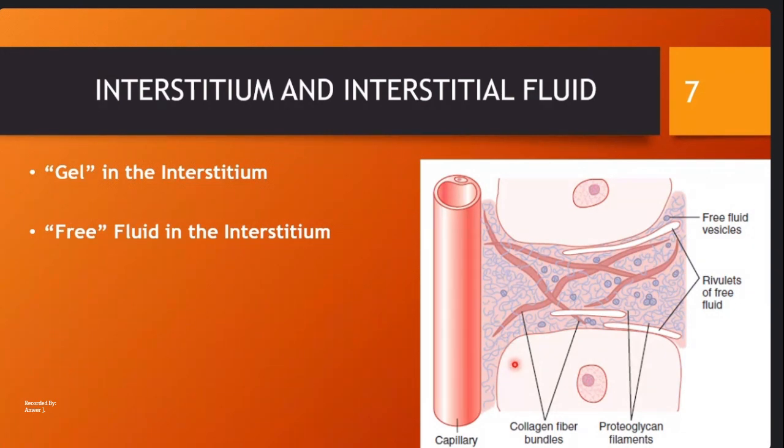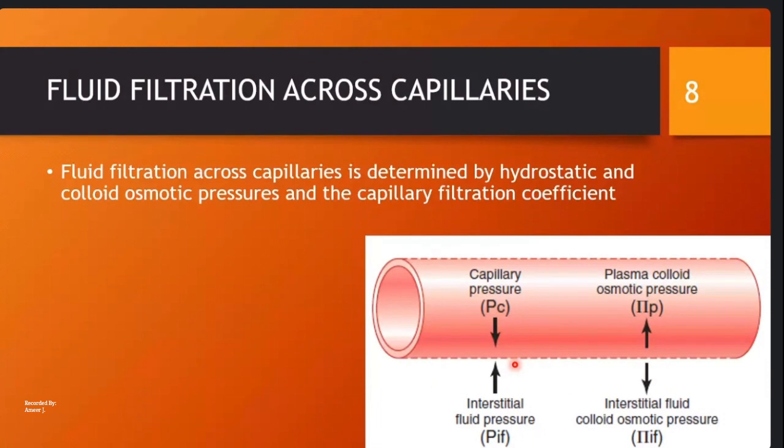Now that I talk about the transfer of the molecule across the capillaries bed, one very, very important molecule in the blood circulation in the capillaries bed is the filtration of water across the capillaries bed.